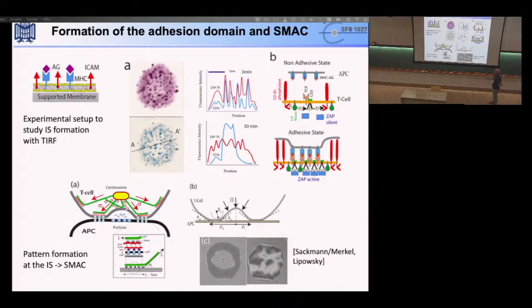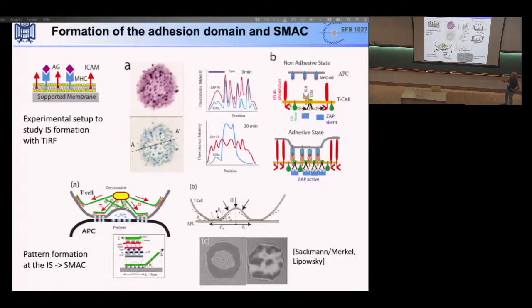The perforin makes holes into the antigen-presenting cells, and the granzyme is an apoptosis-inducing factor, which then diffuses through the holes into the interior of the target cell and induces apoptosis there. So that is how one thinks of it.